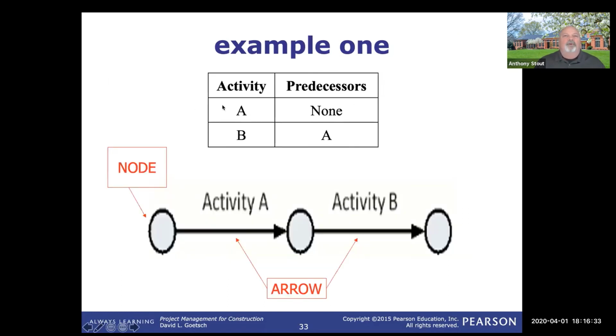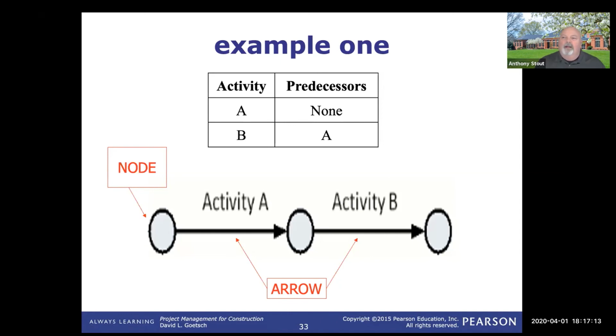I would have a table associated with it and two activities, activity A and B. And over here in predecessors, activity A must be done before activity B. So I have a node, activity A, another node, activity B, and then finish. And these are the arrows, and this is AOA, activity on the arrow. All of your diagrams that you do in this class should look like this, should use this format. All right?